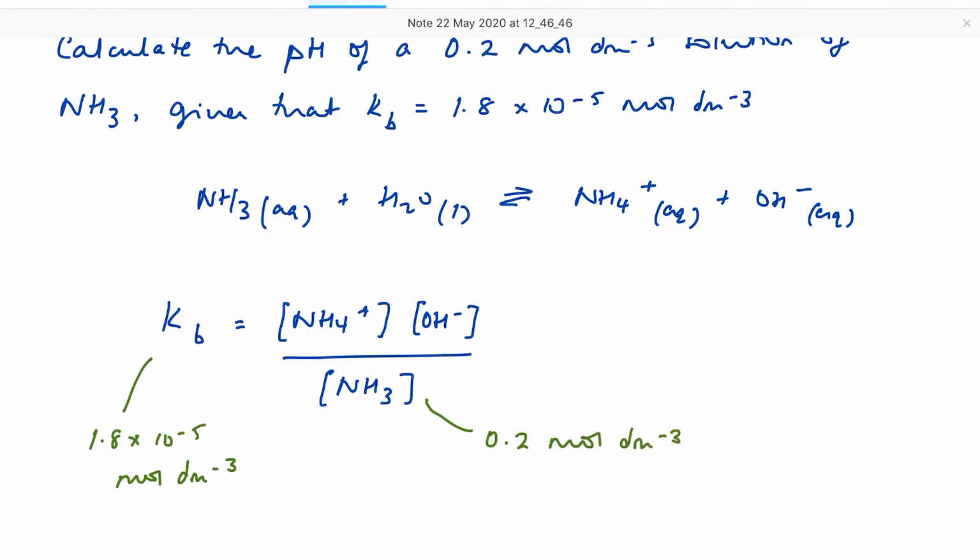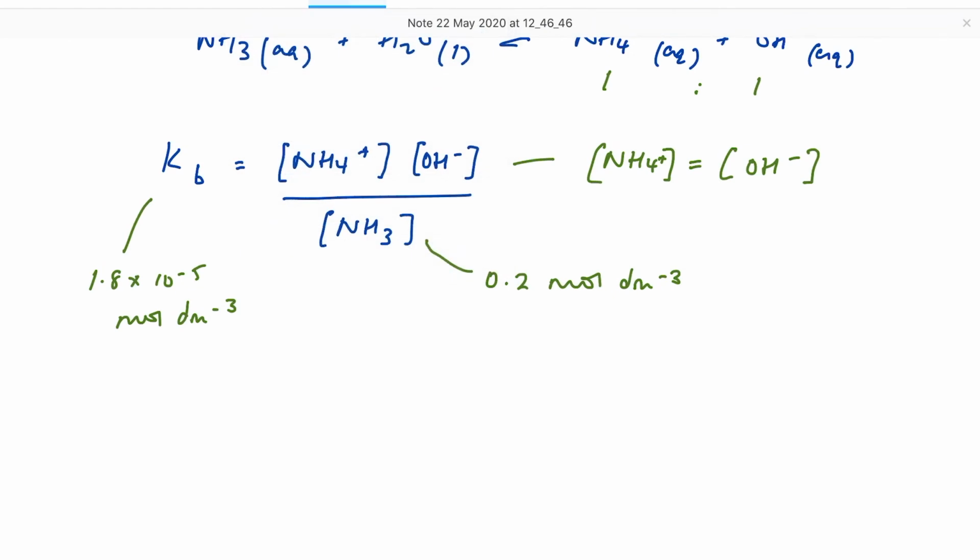And we can see from our equation that when ammonia reacts with water, it produces ammonium ions and hydroxide ions on a 1-to-1 basis. So the concentration of ammonium ions is equal to the concentration of hydroxide ions.